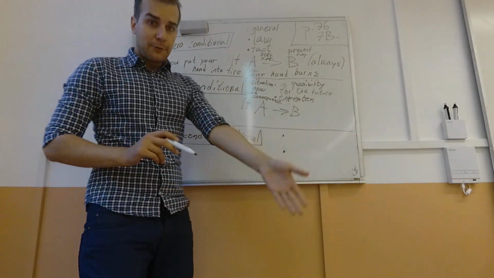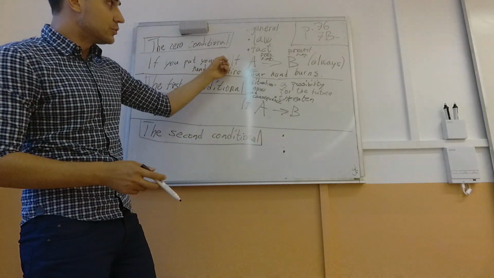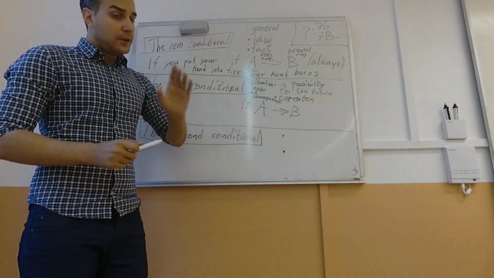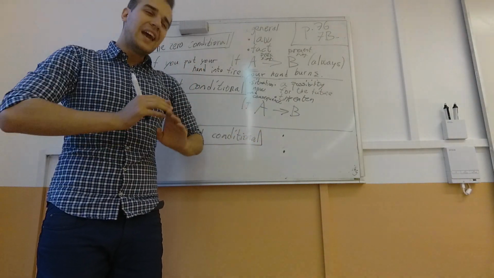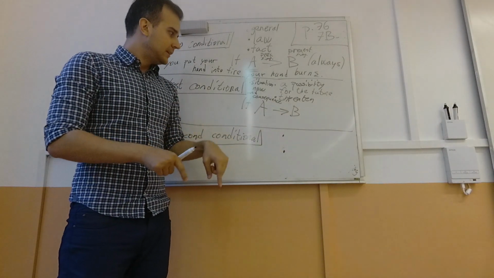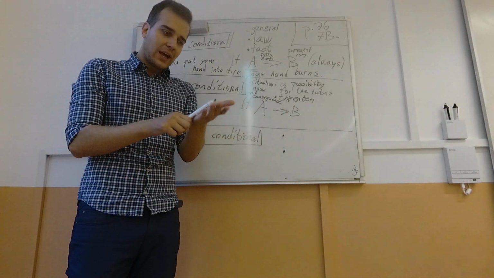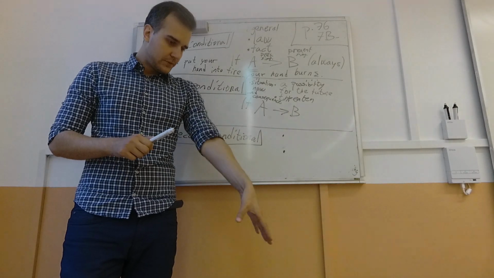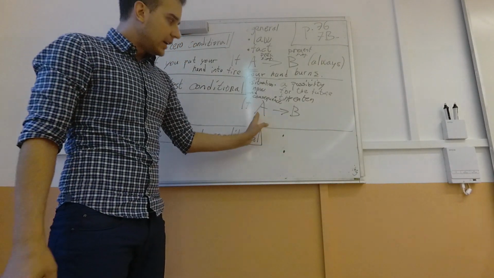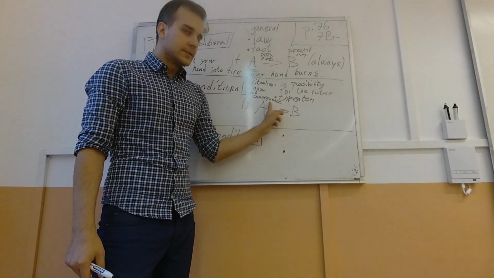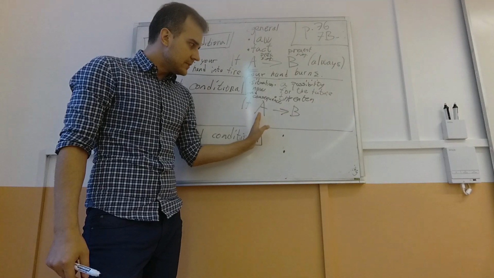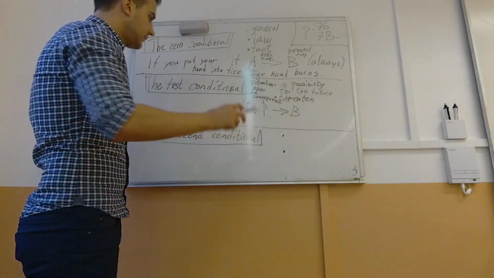So actually, if I have fire right here, we can go to A and I can say it in general, and I say, okay, if you put your hand into fire, it burns every time, right? But what if I'm talking about the fire here? Then I say, okay, if you put your hand into the fire, right here, your hand will burn. So there is action and the consequence. Nějaký výsledek, consequence.